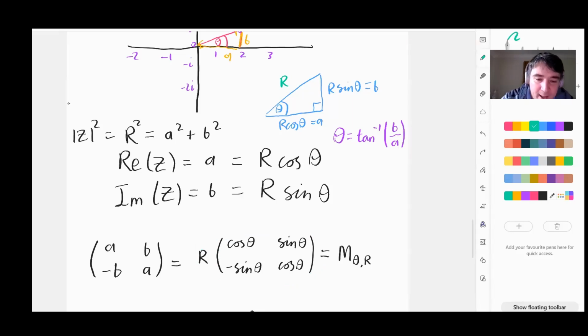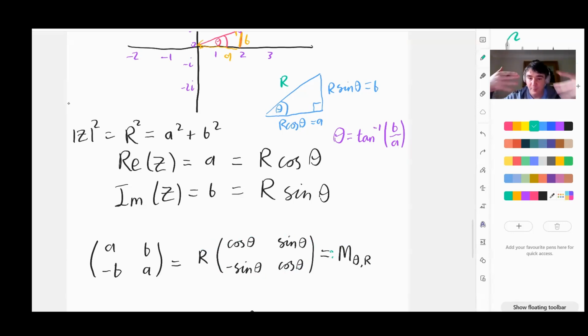If you like, you can take it inside of the brackets and multiply it by each of the four entries. This turns out to be a really pleasant form for thinking about these matrices, because let's introduce some shorthand here. We're going to call this m theta r. That's just a shorthand for this matrix here.